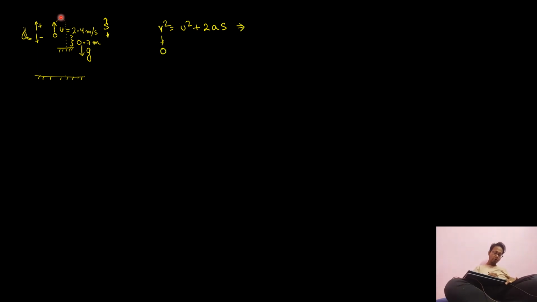At the topmost point, the final velocity is equal to 0. u square is nothing but 2.4 whole square. So 0 is equal to 2.4 square plus 2 into minus 9.8 into s. Or s is equal to 2.4 whole square divided by 2 into 9.8, which is equal to s.